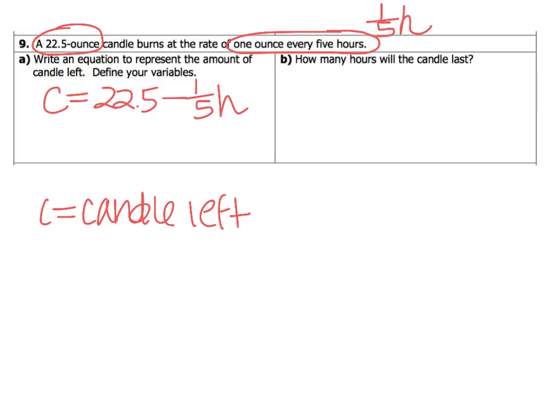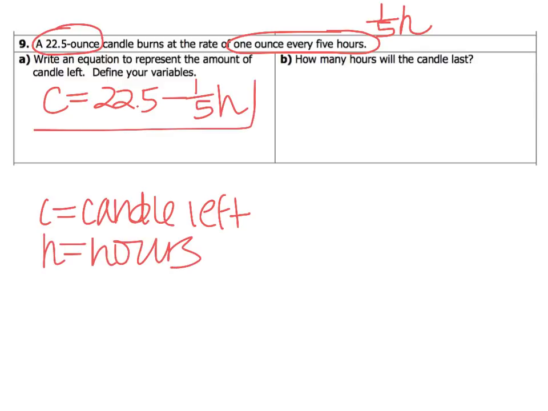All right, so that's our equation where C stands for the amount of candle left and H stands for the number of hours. So it's slightly different from the one we were doing before. The key is to translate the word problem into something you can turn into an equation.